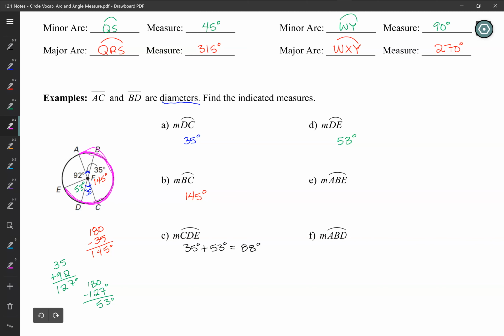Probably the fastest way of doing that is saying, well, that's the major arc that goes along with the 92 degrees. That's everything except 92 degrees. 360 minus 92 degrees is 268 degrees. That's the rest of the circle.